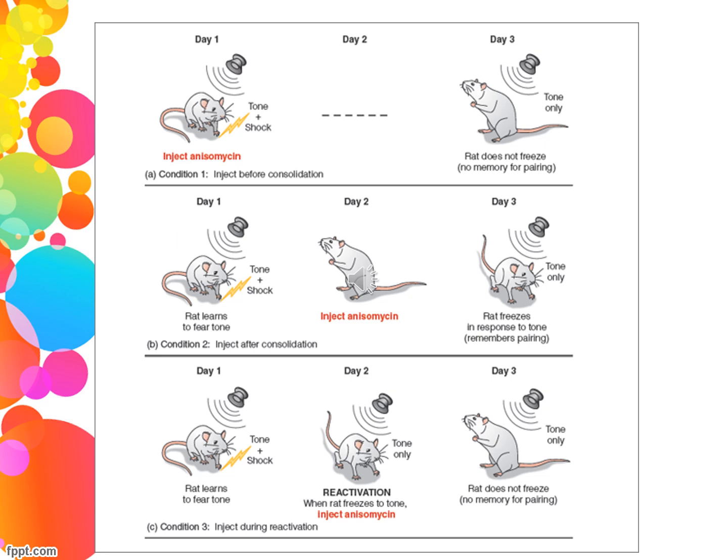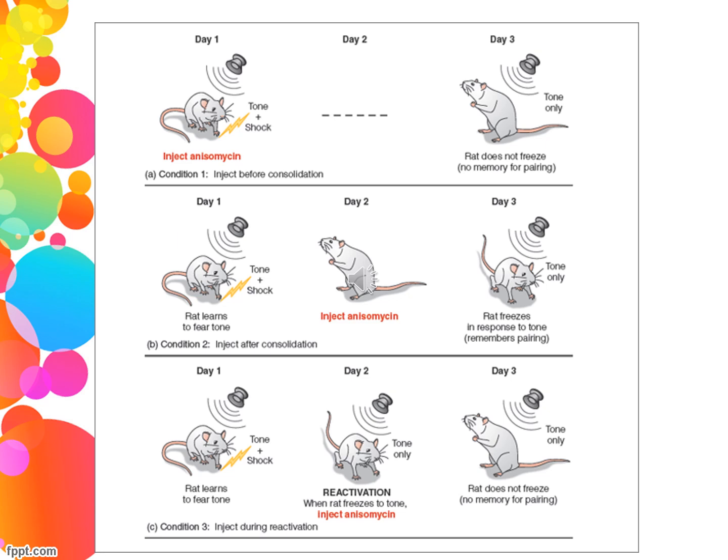For the second condition, they inject the antibiotic after the consolidation. So the rats learn the conditioning of tone and shock. Now the rats already know that once they hear the tone, they will have fear because the shock is coming soon. They inject it on the second day, which is after the consolidation, after the memory is formed. On day 3, they try again.